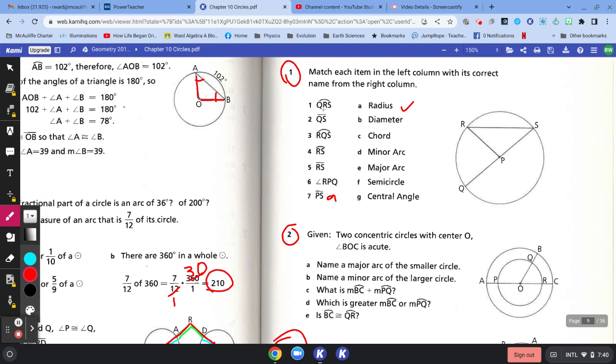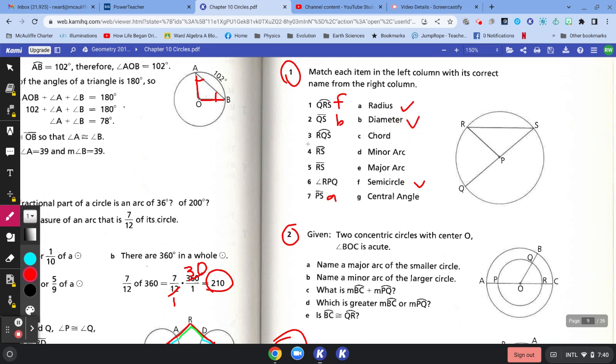So we could call that the major arc, but since it's only half of the circle, we're going to actually say F, semicircle. That one's a little bit of a trap. And then segment QS is the diameter. So that's the diameter. Okay, so let's check off semicircle and diameter.